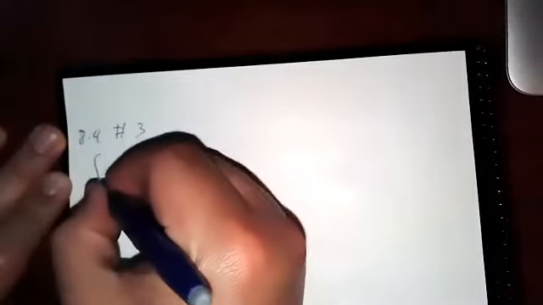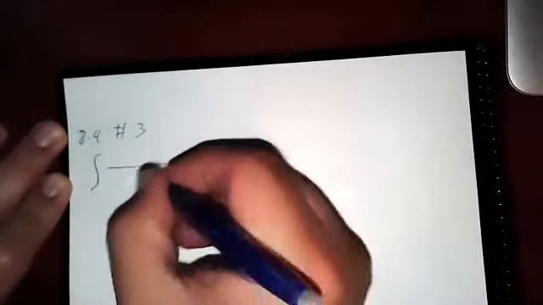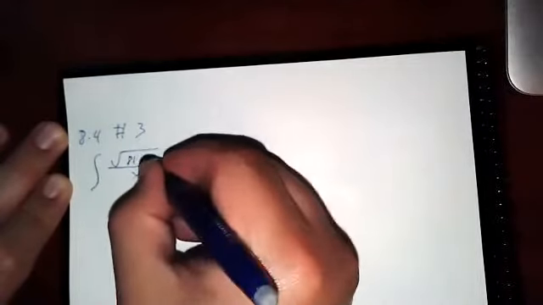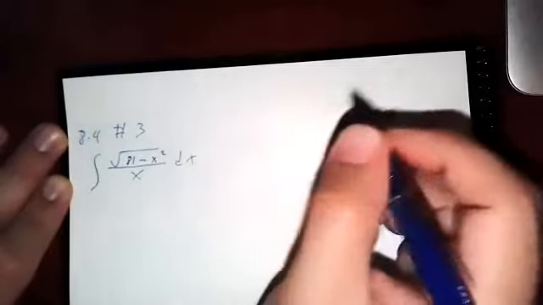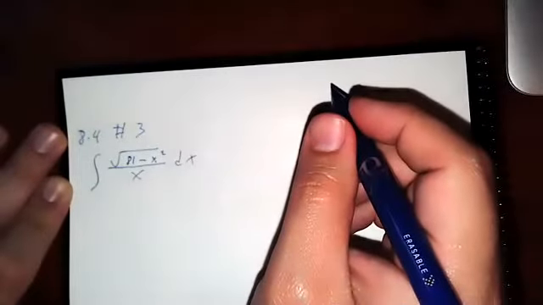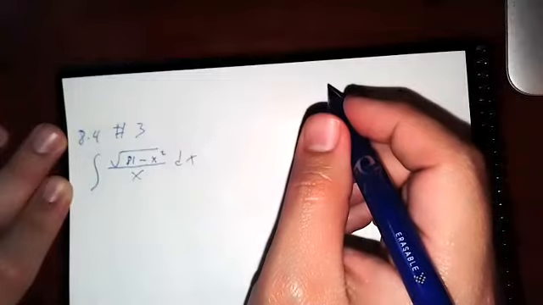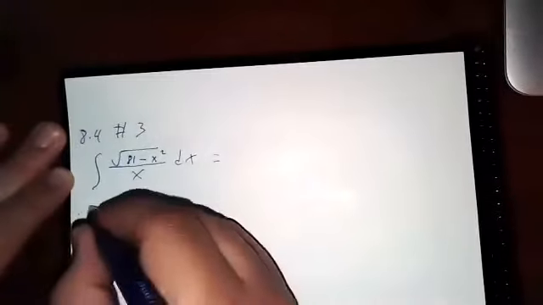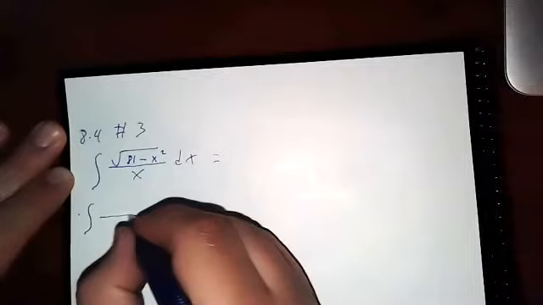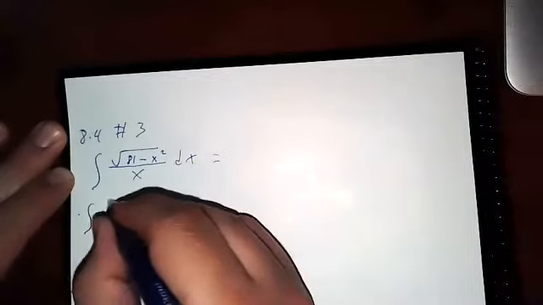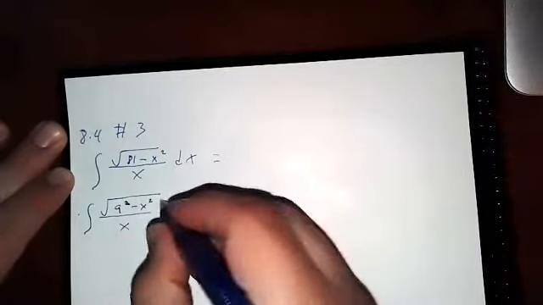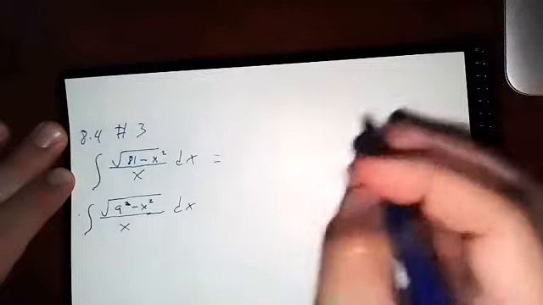It's the integral of the square root of 81 minus x squared dx. So this looks like a sine type. So rewrite this into, of 9 squared minus x squared dx.